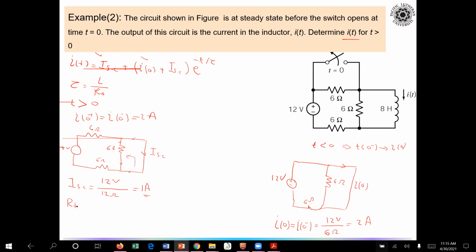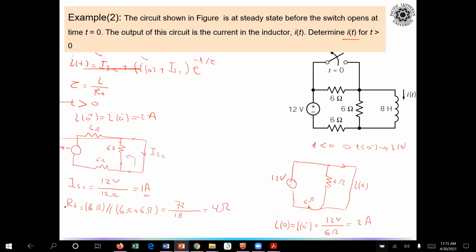R Thevenin in that case will be 6 ohm in parallel with those two resistors in series, 6 ohm plus 6 ohm. If you have any question, let me know. So in that case, 6 times 12, so 72, divided by 18.